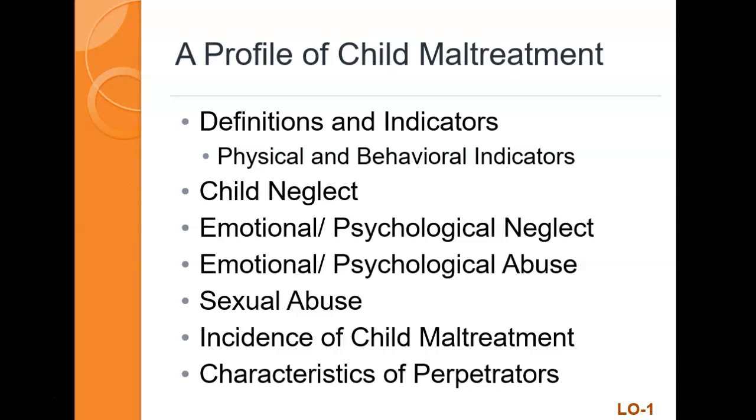Now, earlier in this recording, I talked about Child Protective Services, but the book provides a general definition of this. When we're talking about Child Protective Services, we're talking about services such as assessment and intervention by social workers in situations where children are deemed at risk of maltreatment.